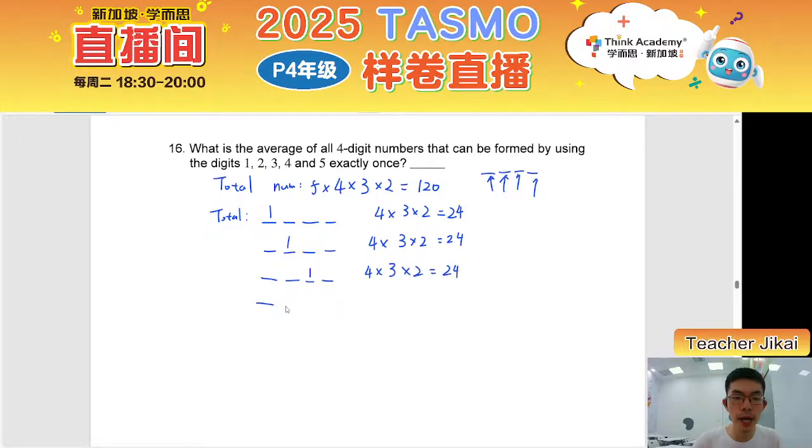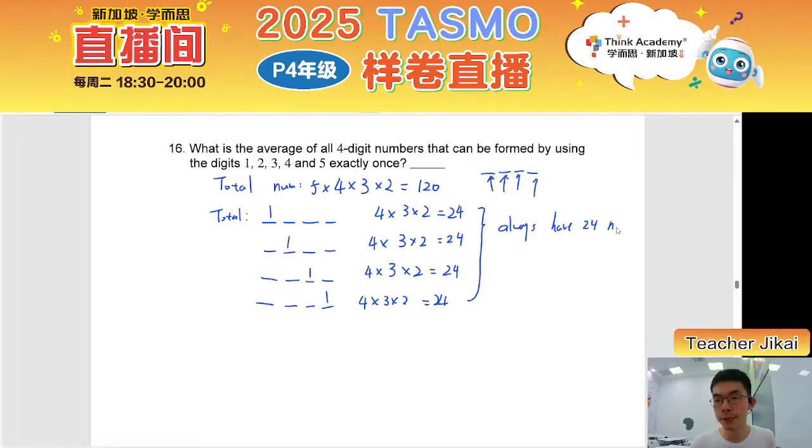And how about 1 on the ones digit? Also 4 times 3 times 2, right? 24. So you can see, no matter where the 1 is, it will always have 24 numbers.